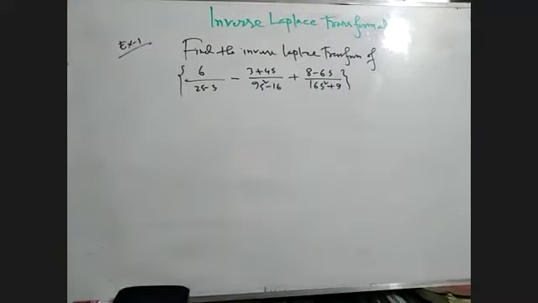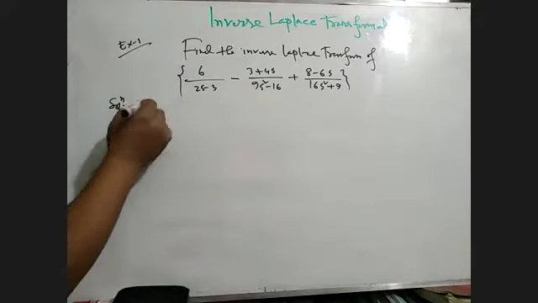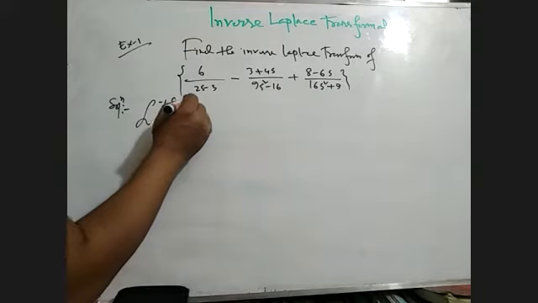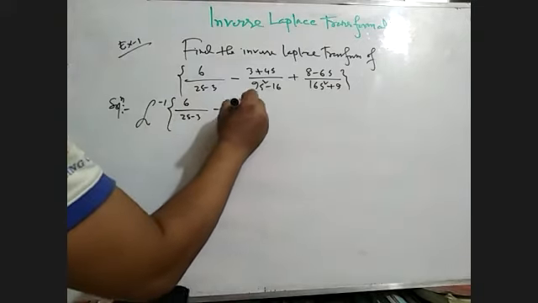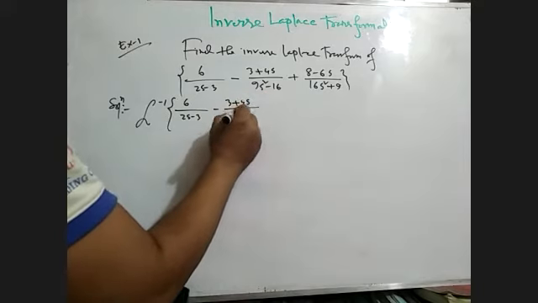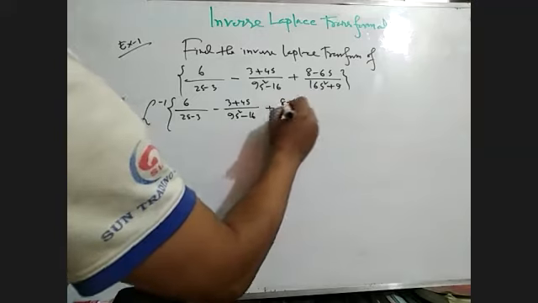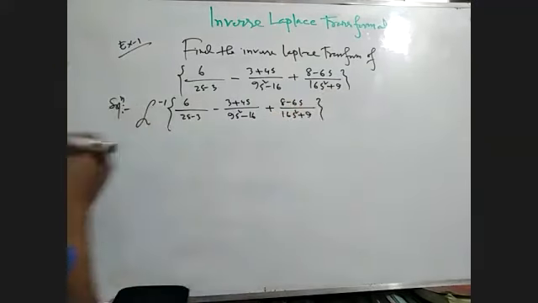Now, to find the inverse Laplace transformation of this, we denote it by L inverse of 6 divided by 2s minus 3 plus 4s divided by 9s square minus 16 plus 8 minus 6s divided by 16s square plus 9.